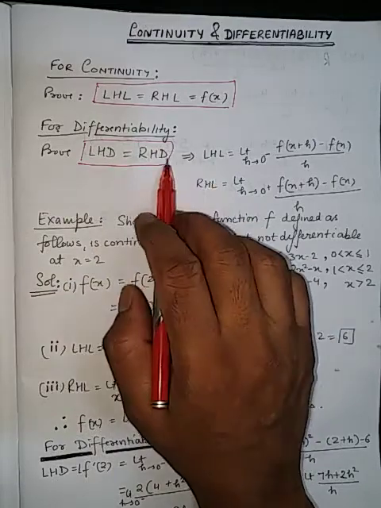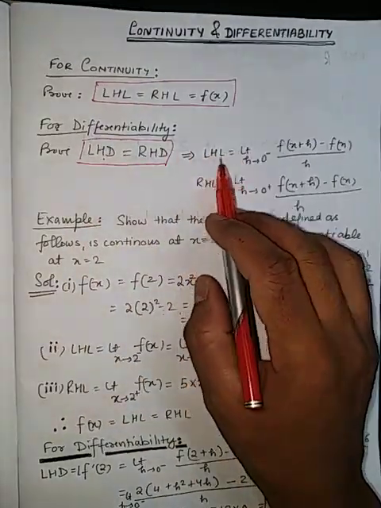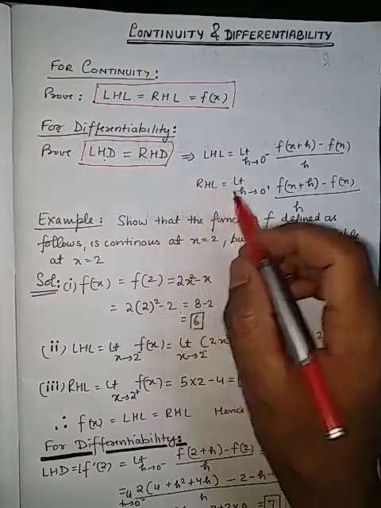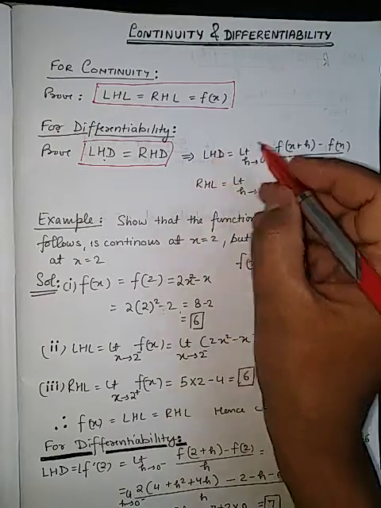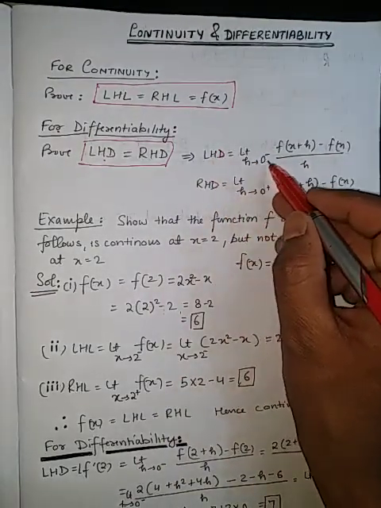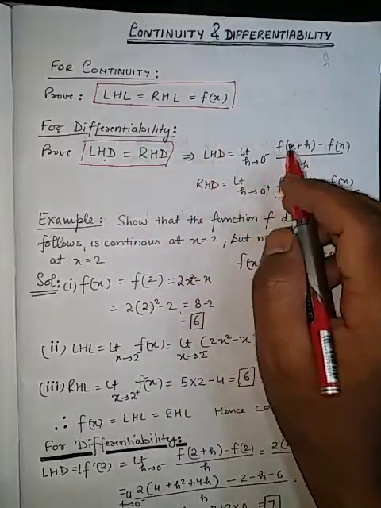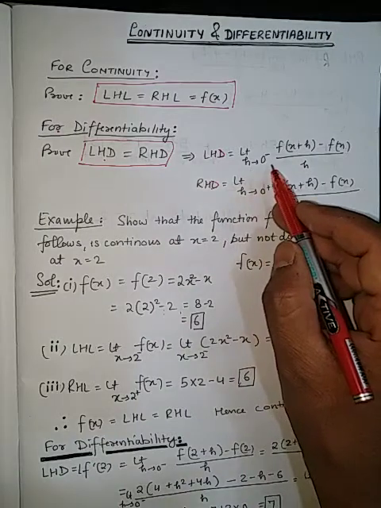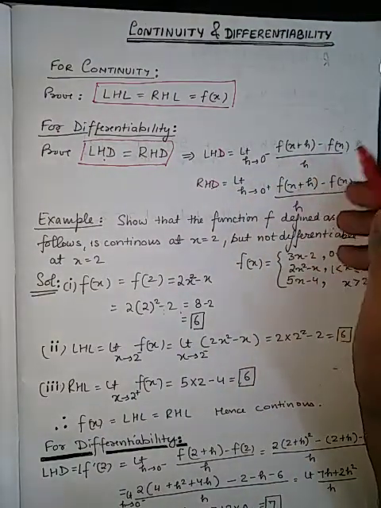So how to find the left hand derivative? There is a formula for that. For left hand derivative, we have to take it like this: limit h tending to 0. We don't have to differentiate the value, but we have the formula for this: limit h tending to 0, f(x plus h) minus f(x) upon h.